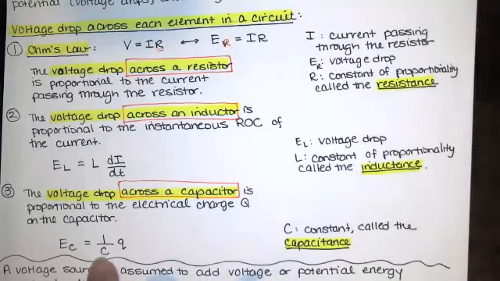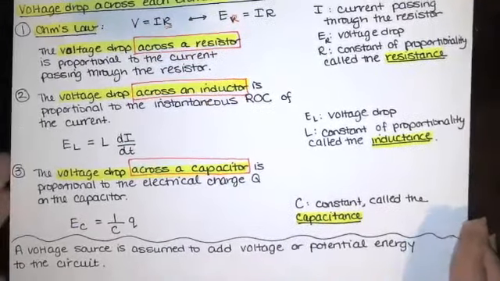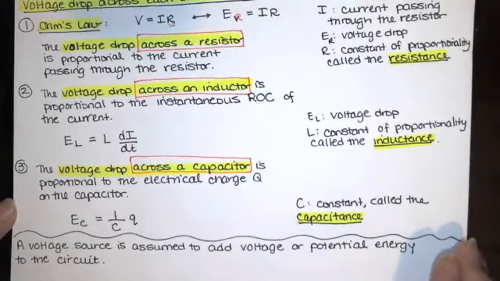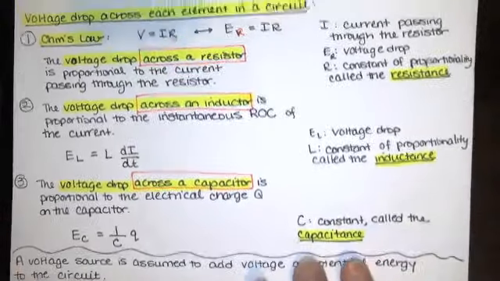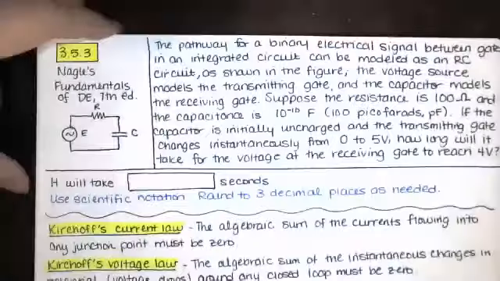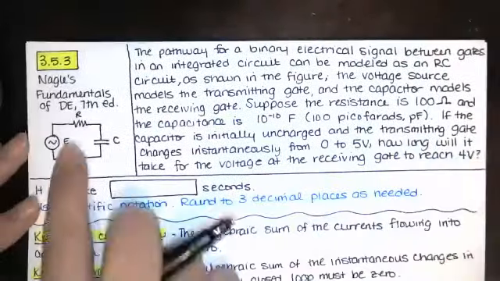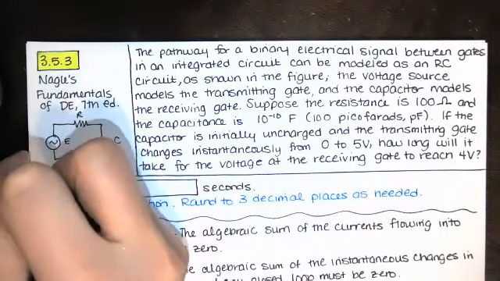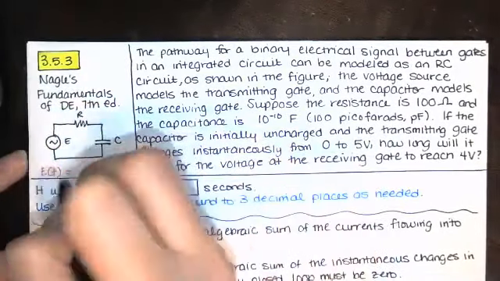We're using 1 over C rather than C just because of convention. That constant C in the denominator is called the capacitance of the capacitor. Now, any voltage source, like a battery, for example, is assumed to add voltage or potential energy to the circuit. So when I'm looking at a circuit like this, I'm thinking of this E as my voltage source.